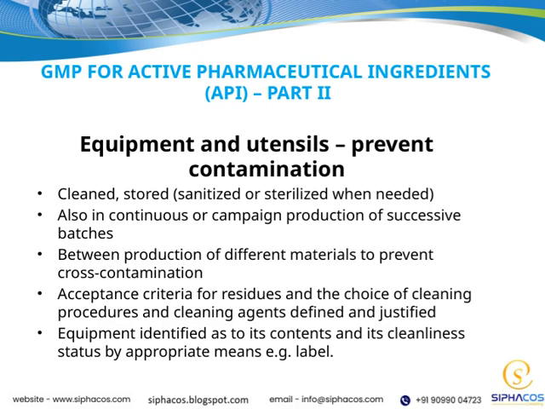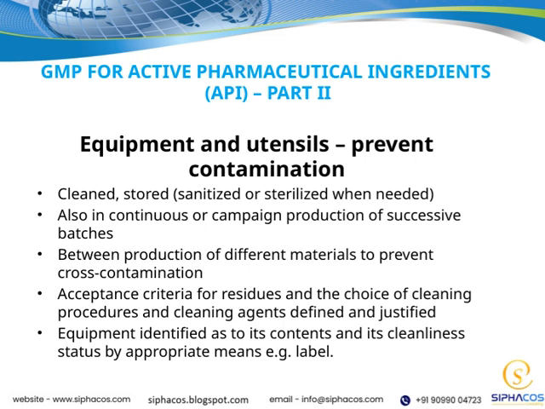To prevent cross-contamination between different materials, proper cleaning between production runs is vital. We need to establish clear acceptance criteria for residues and carefully select our cleaning procedures and agents. These choices should be justified based on the specific requirements of the materials and the process.